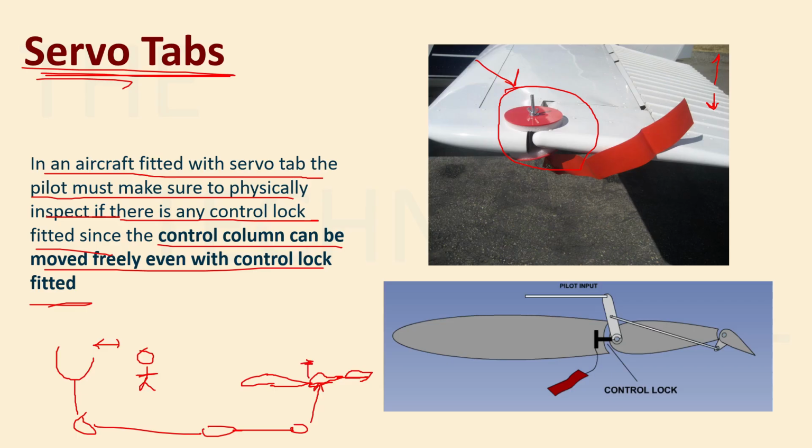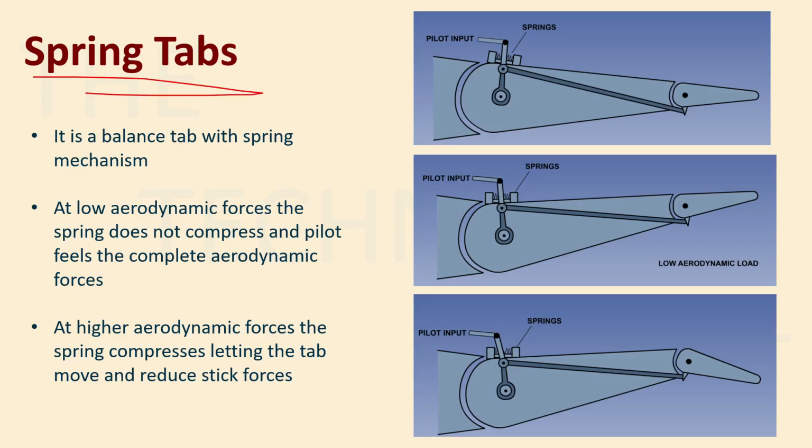The pilot is not controlling the elevator, he's controlling the tab, so the tab is moving up and down and not the elevator. He's thinking that he's ready to go, but actually there are control locks fitted on the elevator, and it can be very dangerous. So the pilot needs to physically inspect if the control locks are fitted, otherwise it could lead to a very dangerous situation, right?